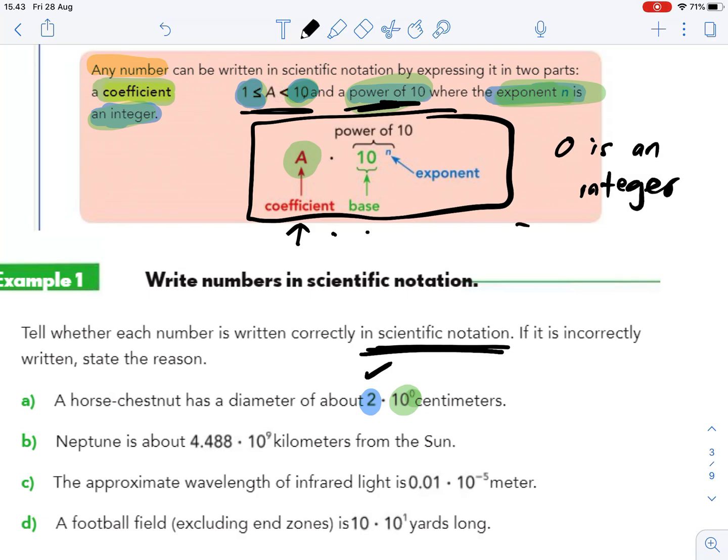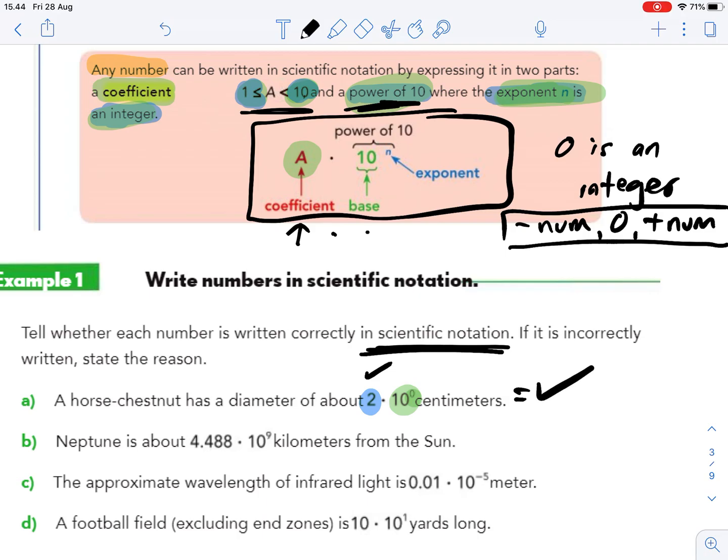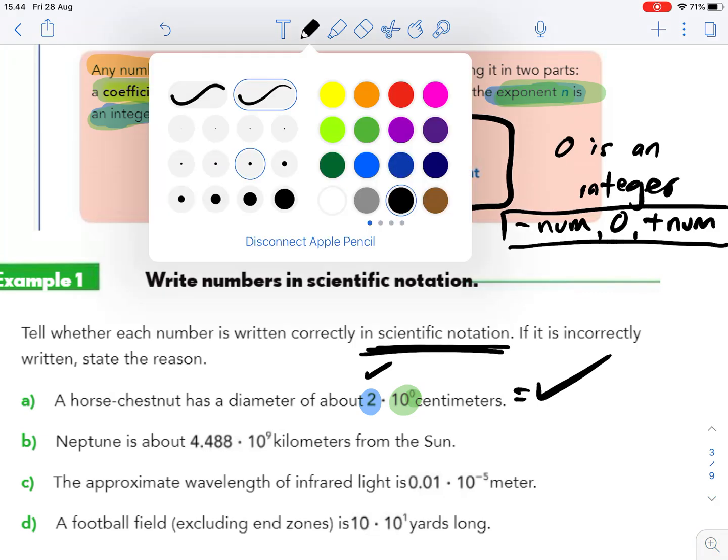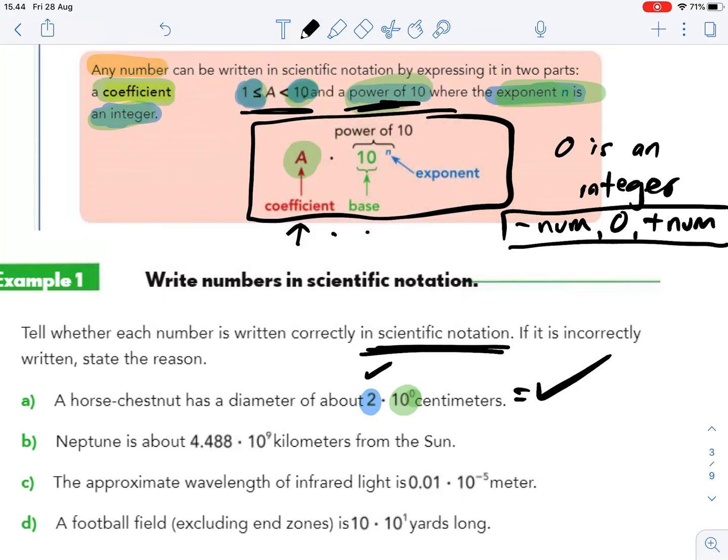So integer again means negative numbers, 0 and positive numbers, whole numbers, okay? So this all means integers, all right? So yes, that is written in scientific notation, okay? Let's go to this next one. Let me make my pen a little bit smaller. B, Neptune is about 4.488 times 10 to the 9th kilometers from the sun.